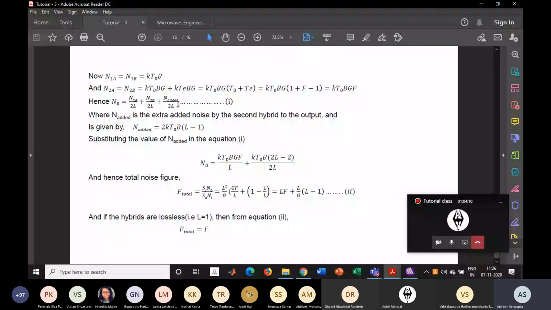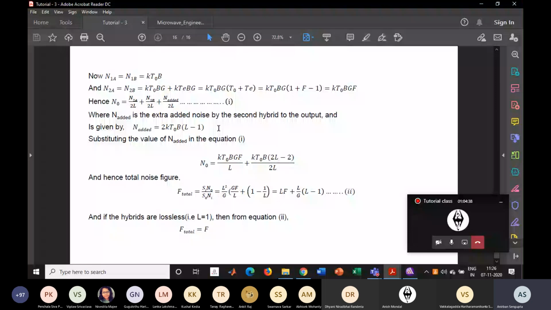N added can be calculated as 2 K T naught B into L minus 1, because there is a loss L. You can check from the book that for a lossy network with a loss of L, the noise figure equals F equals L. So here, instead of F minus 1, it is shown as L minus 1.